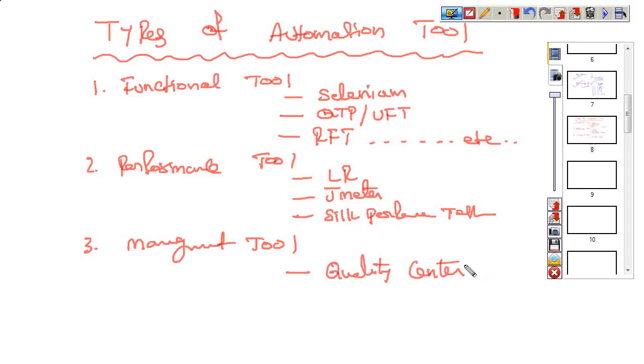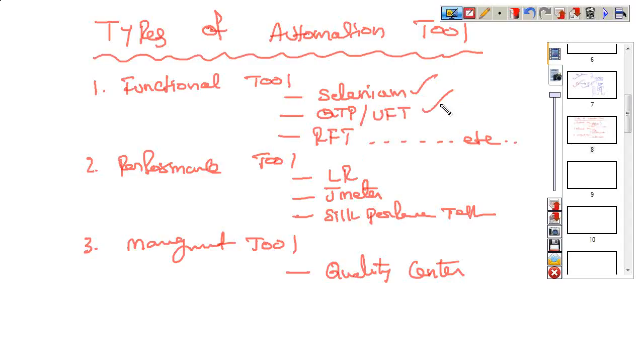So these are the different types of automation tools we have. Understood? So what are the different types of automation tools we have? Functional tools: Selenium, QTP, RFT. Performance tools: LoadRunner, JMeter, Silk Performance Testing. Management tool is Quality Center.